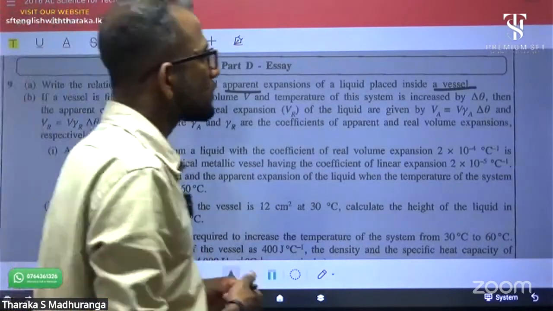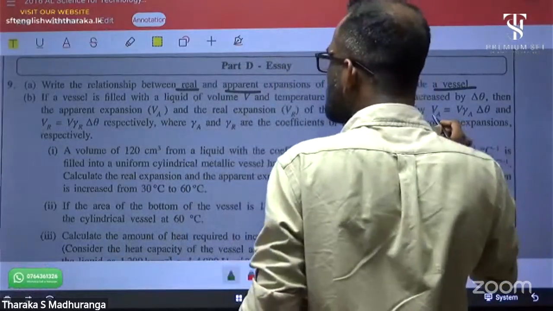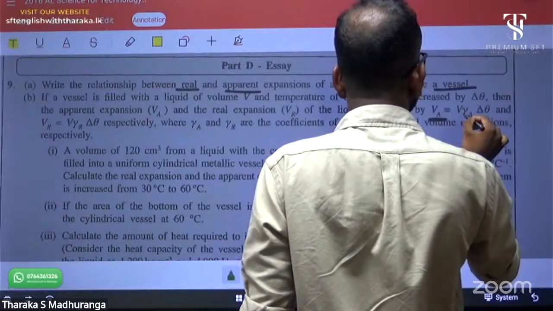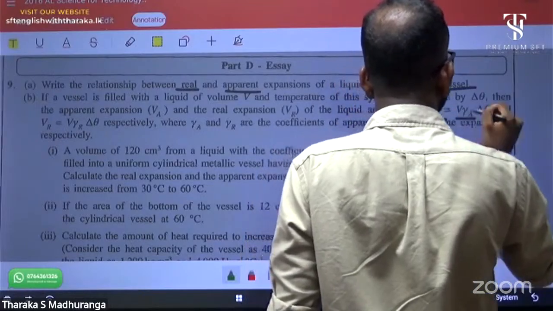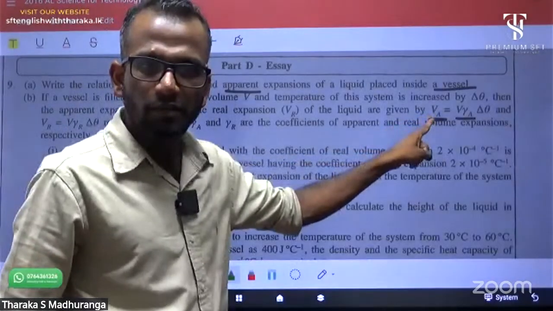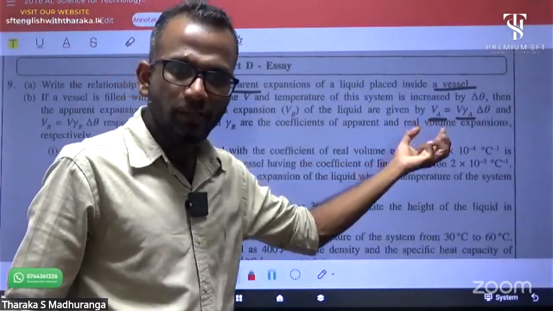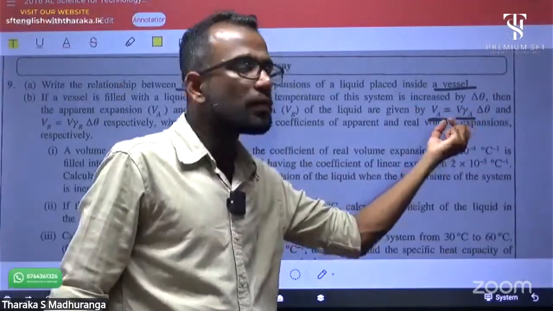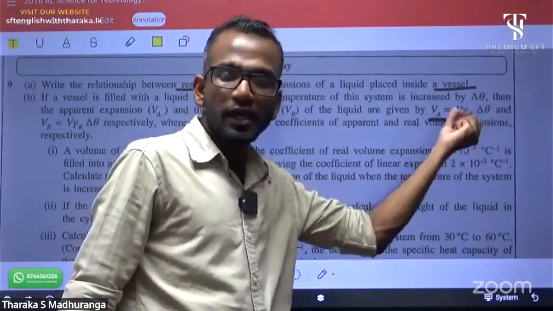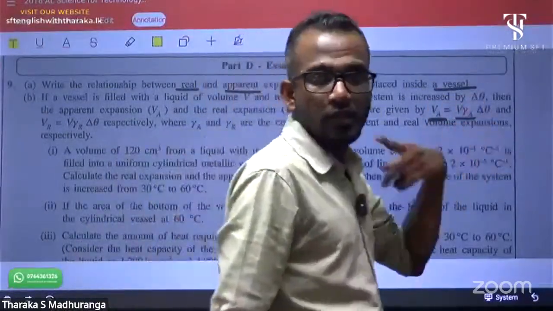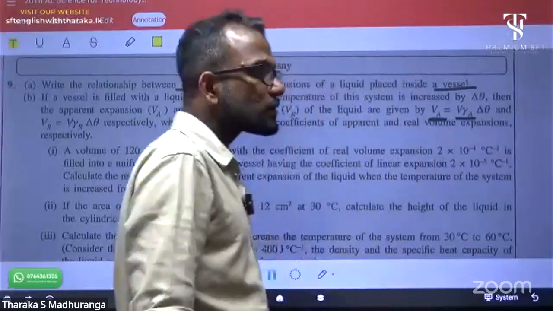VA, apparent expansion, equals V gamma A delta theta. That's correct, right? VA equals the liquid volume multiplied by gamma A, the apparent expansion coefficient, into the temperature difference delta theta.